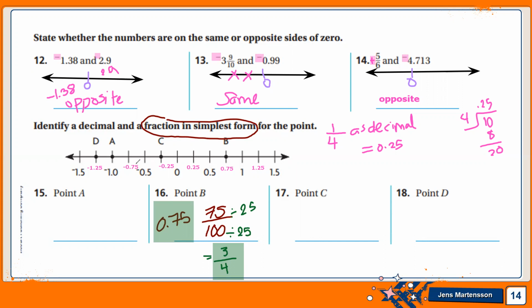How will you get it? Where's letter D? This is D. What is the number that's represented? Negative 1.25. Then negative 1.25, how do we write it as a fraction? You will say negative 1 and what?